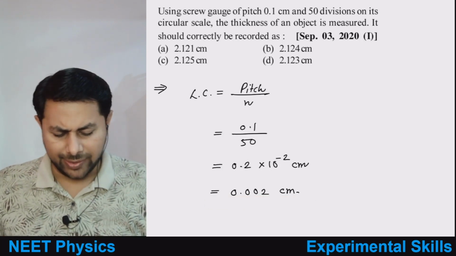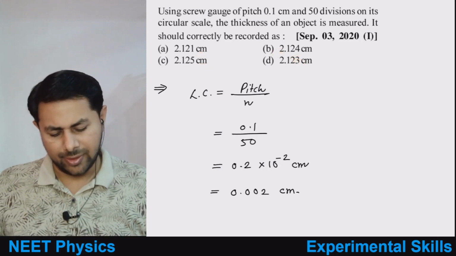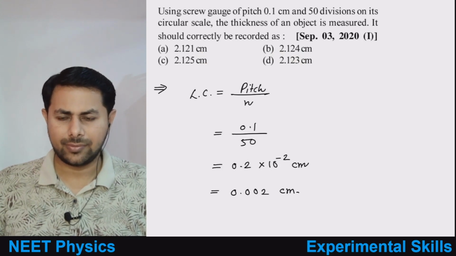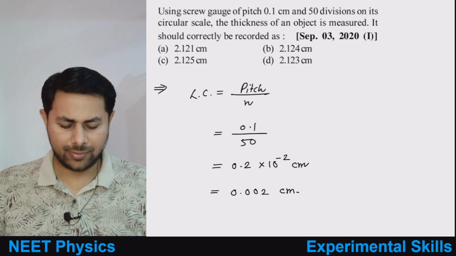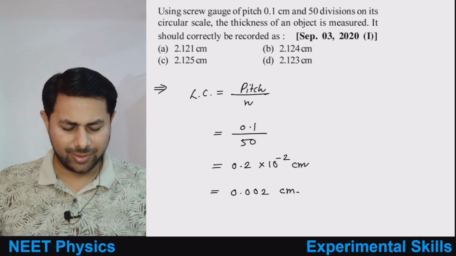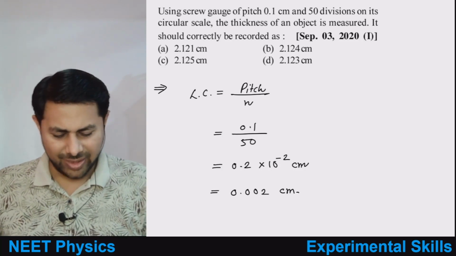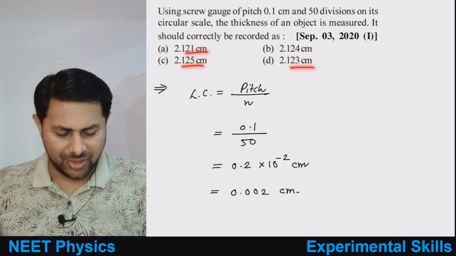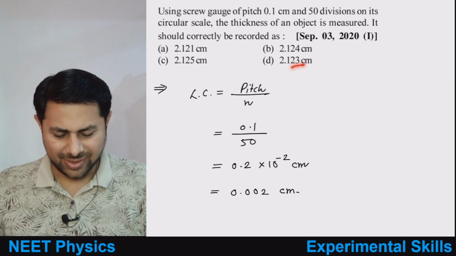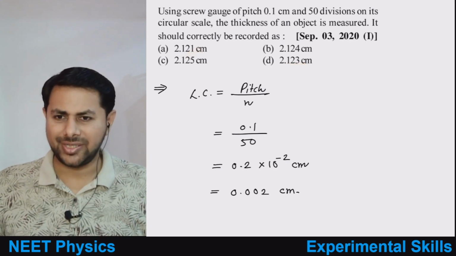Then using this one, which of the readings, out of these, can be taken? Tell me. Okay, if you look at the options, see, this is simple. Three of the options have the last digit odd, right?